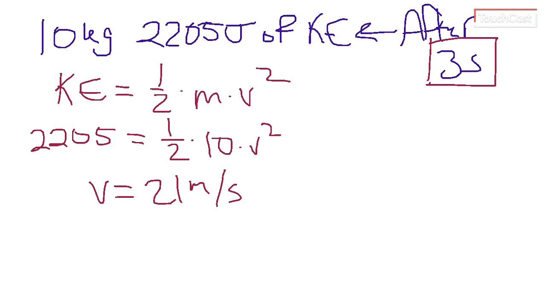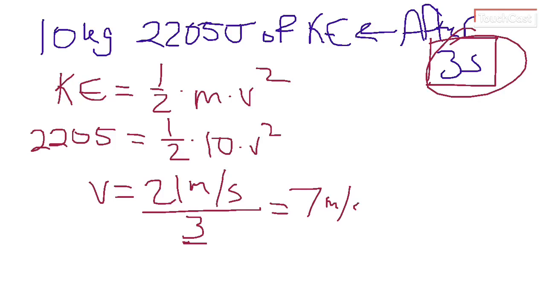Going from energy to force or force to energy, you have to assume constant acceleration unless you want a mind-blowing and complex question. So 21 divided by 3, and the acceleration was 7 meters per second squared.